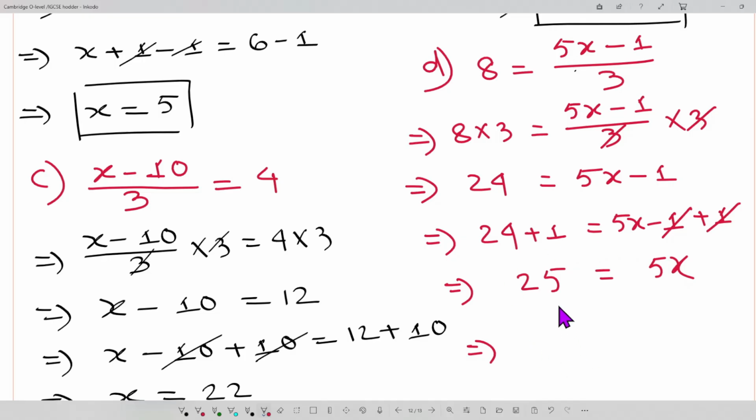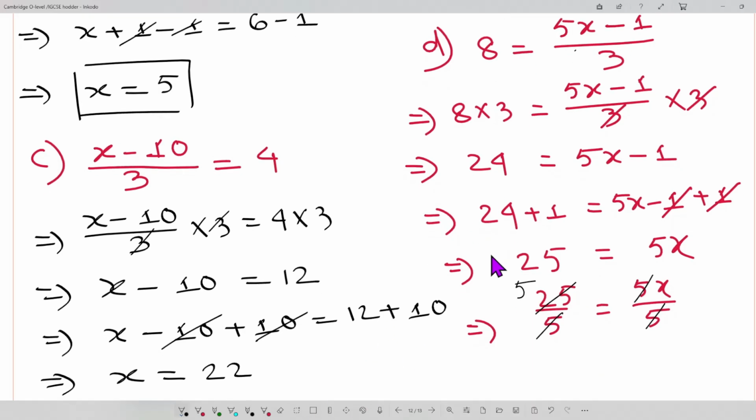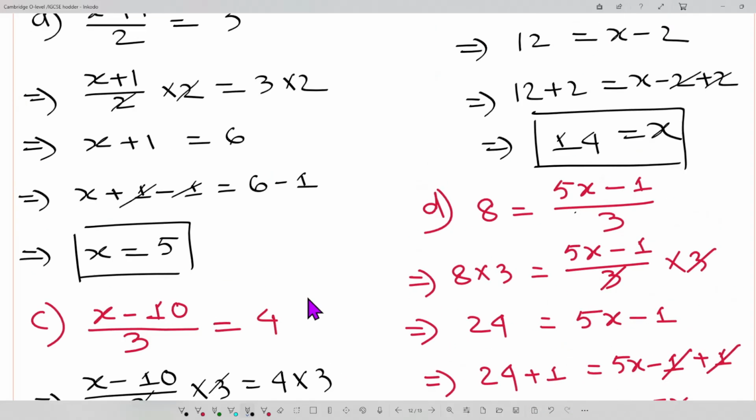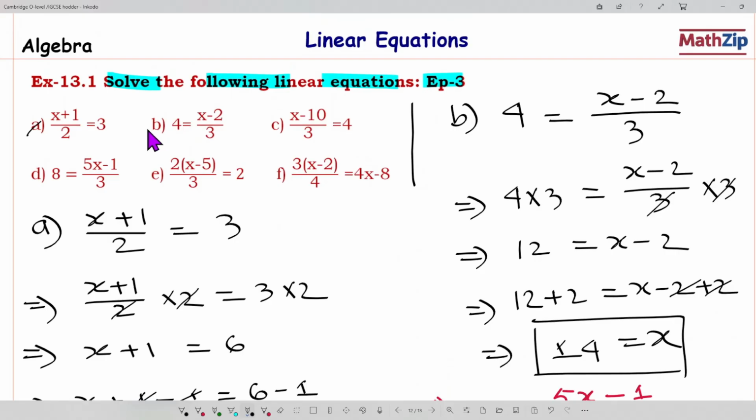Now we are dividing both sides by 5, so 25 by 5 equals 5x by 5. Now this 5 and 5 cancel out, and 25 by 5 is 5. Now we can write 5 equals x. Very simple. So finally number A, B, C, D done.